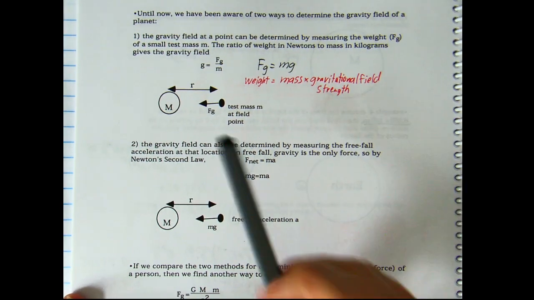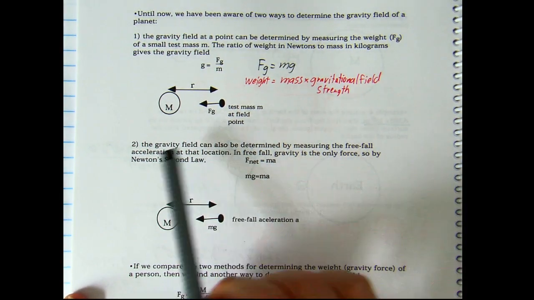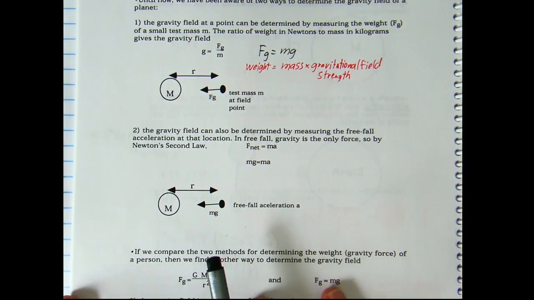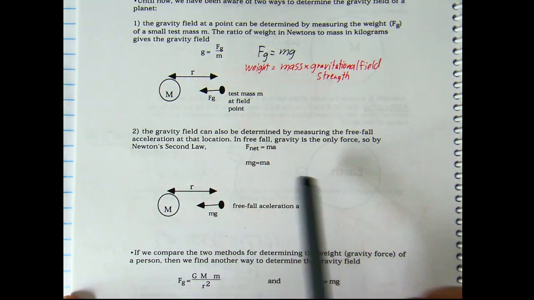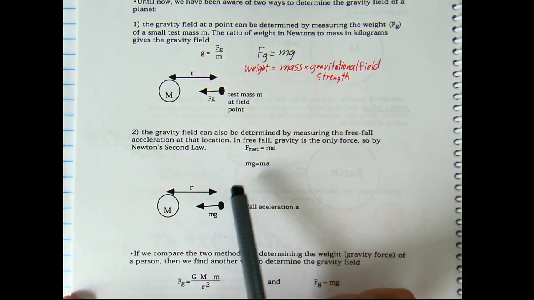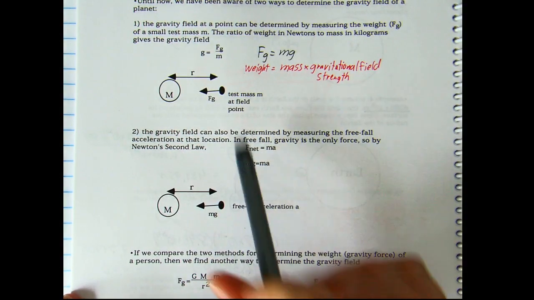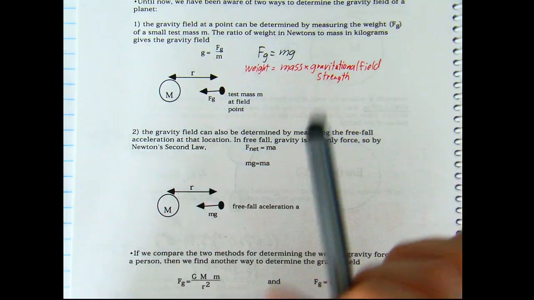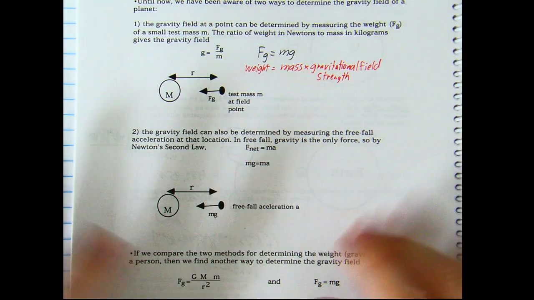The gravity field can also be determined by measuring the free fall acceleration at a particular location. This is generally how we do it in high school. I said something before that was totally bogus, the weight equaling the mass here at the surface. That's not true.